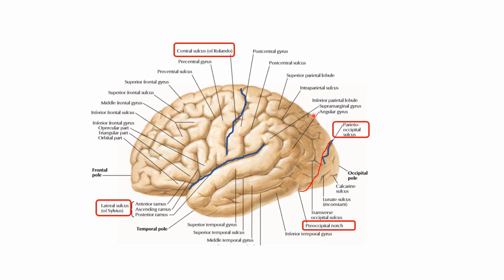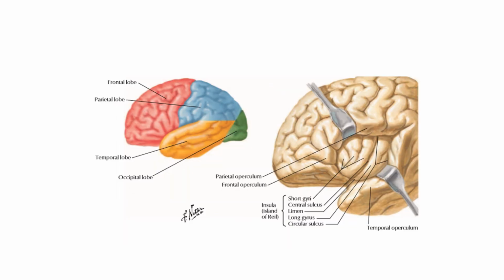The lobule which is present superior to the intraparietal sulcus is known as the superior parietal lobule, and the lobule which is present just below the intraparietal sulcus is called the inferior parietal lobule. Then there are also certain sulci and gyri which are present on the medial aspect, which we are going to do in the upcoming slides.